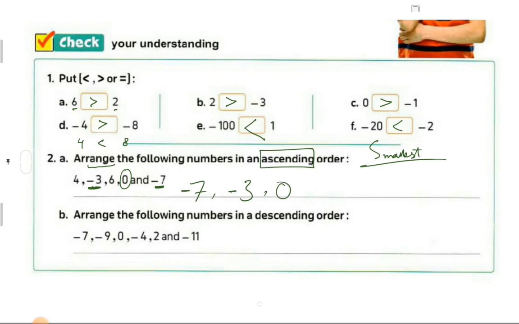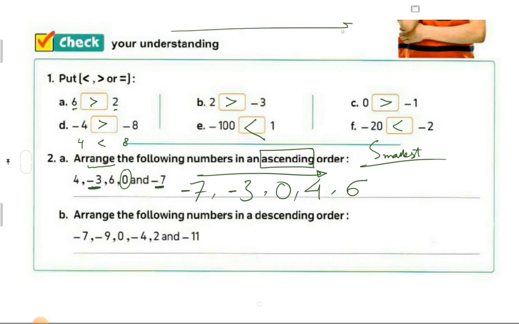Right? Now we start with the positive integers. Positive integers, what's the smallest one? 4 or 6. Of course, 4. And the last integer is 6. Note that negative 7, negative 3, 0, 4, 6. You start from the left to the right, from the left to the right on the number line.